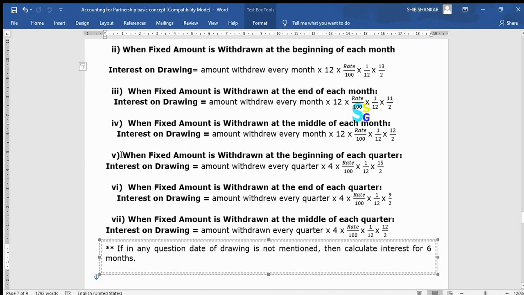Next, when a fixed amount is withdrawn at the beginning of each quarter. Here we are talking about each quarter. Quarter means if you divide something into 4 equal parts, then what comes in one part is known as one quarter. So let us see how to calculate the amount of interest on drawing when the drawing has been made every quarter.